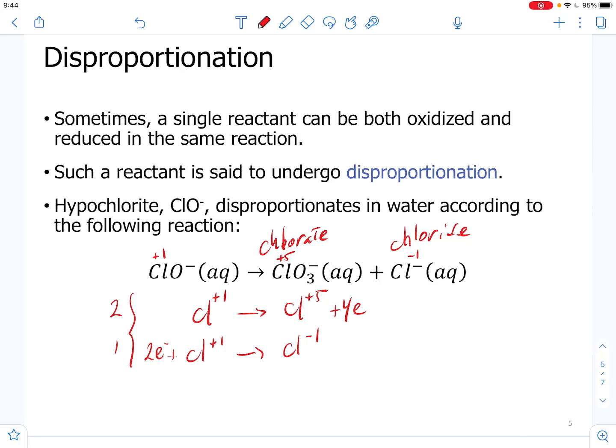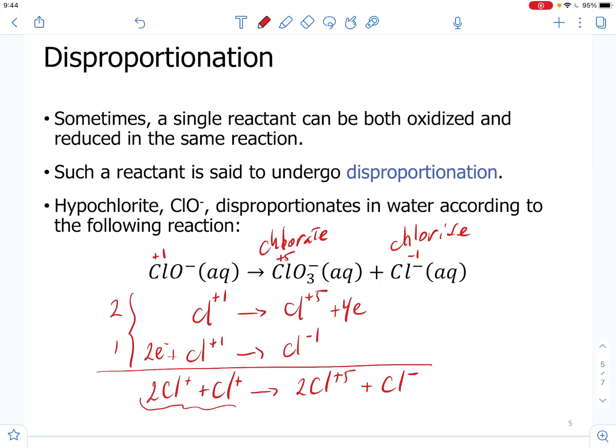Okay, that gives us that you need 2 chlorine +1 plus 1 chlorine +1. Let's keep it that way for a moment, right? And then you obtain 2 chlorine +5 plus 1 chlorine -1. Okay, so these are the same, so you end up with 3 chlorine +1.